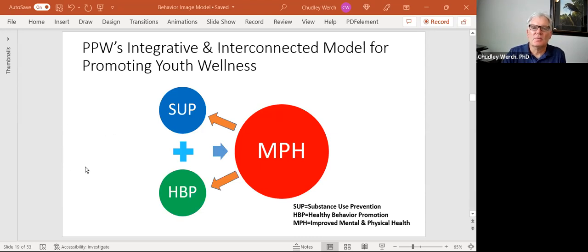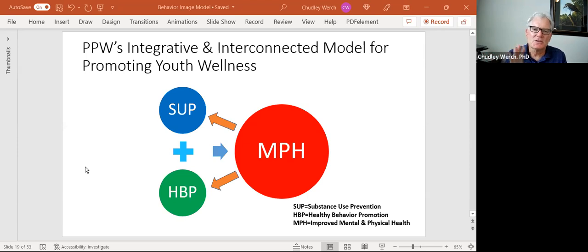Another way to look at this from a programmatic perspective is this integrative, interconnected model for promoting youth overall wellness. So you start in the left with the blue ball, that's substance abuse prevention. You go down to the green ball, that's health behavior promotion. And these two together, substance abuse prevention plus health behavior promotion, you can follow that arrow to the right, gives you the great big red ball, which is improved mental and physical health.